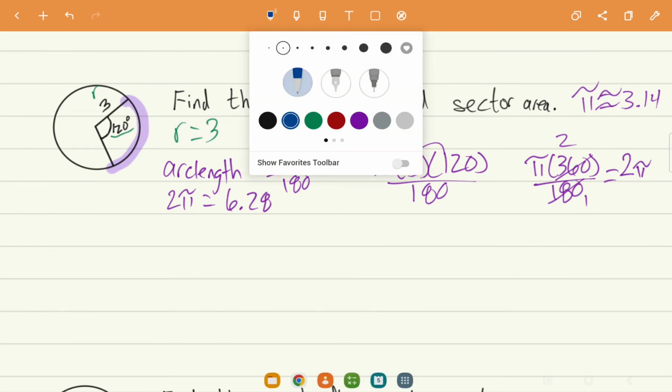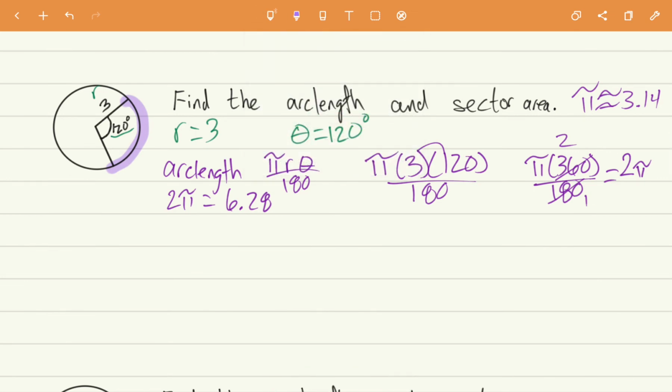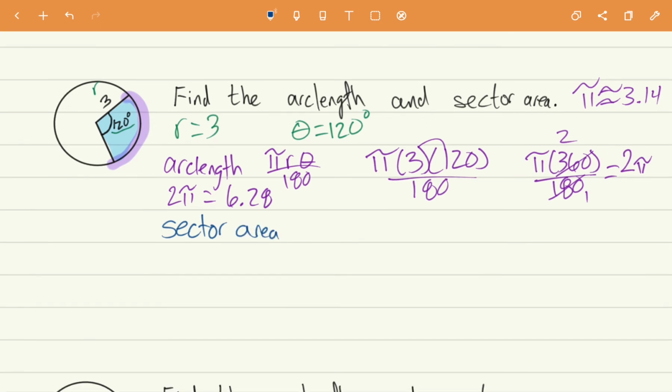Now let's look for our sector area. Sector area is going to be pi r squared times theta over 360. So I plug in my variables.